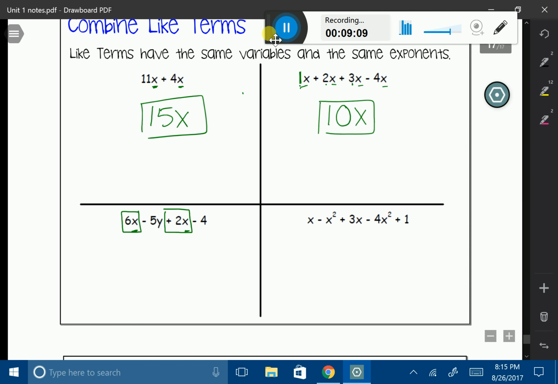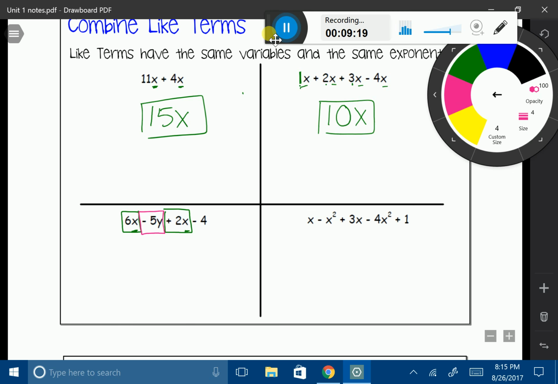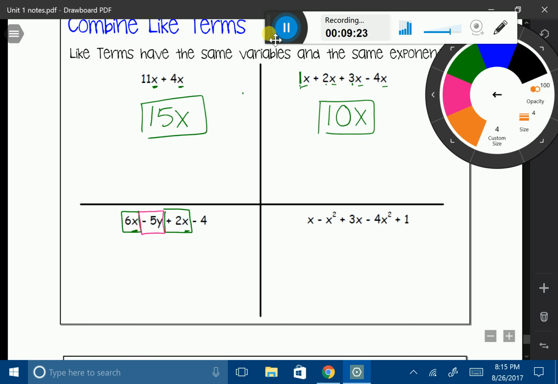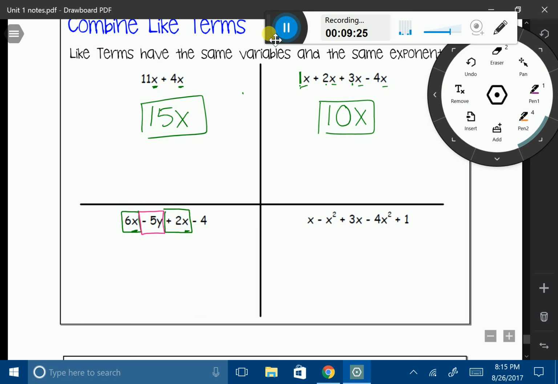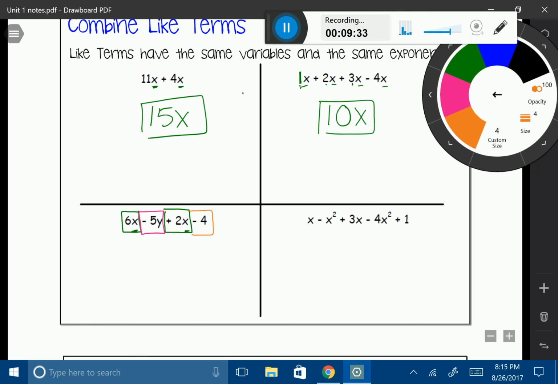So I know that those terms are the same, but then I have this negative 5y. y has a different last name than x, right? But then I also have this 4 kind of lingering off to the side. Negative 4 also doesn't have the same name as the x or the y. So you can see that these terms here are all very different.